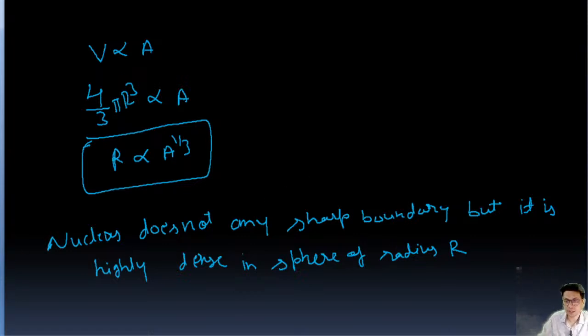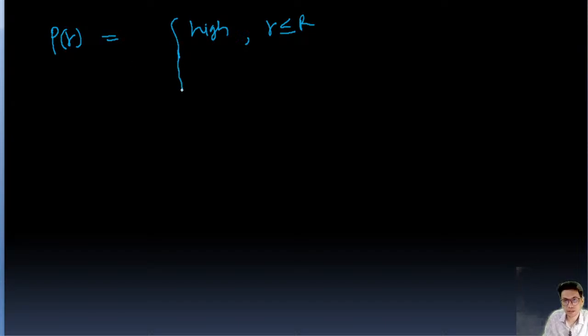So we'll define the density of the nucleus, rho(r). This is the density of the nucleus, which is very high when r is less than or equal to capital R, and this is low when r is greater than capital R. So this is an important point.